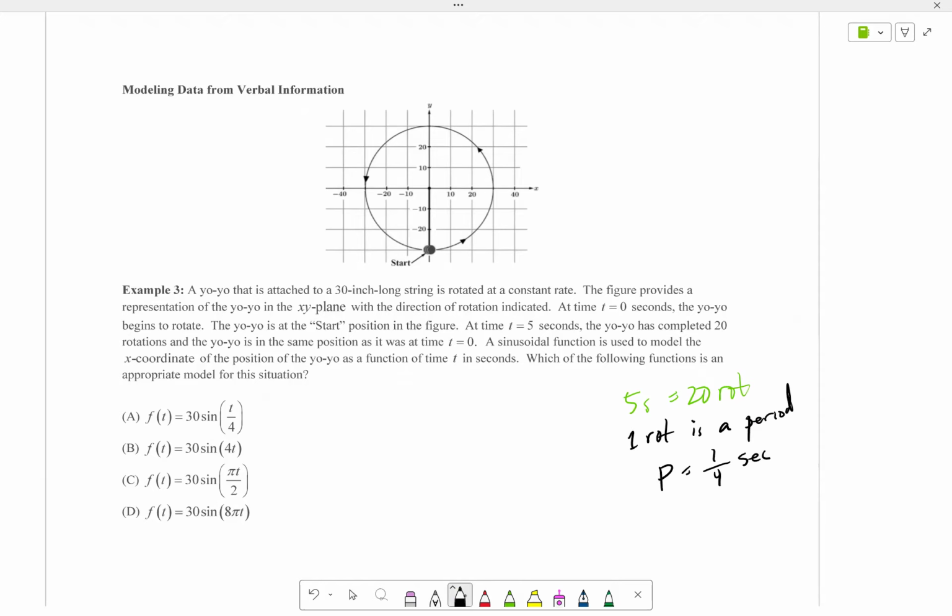Oh, it would be 2 pi divided by 1/4. We could either divide by 1/4 or multiply by 4, which gives us 8 pi, which gives us which one? D. So you changed your answer midstream. Okay, no problem. Are we good with that? Nicely done. Yeah, it was all about the period because everything else here is the same.